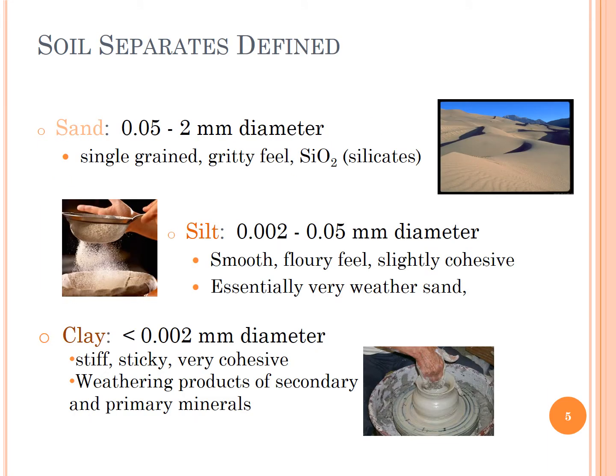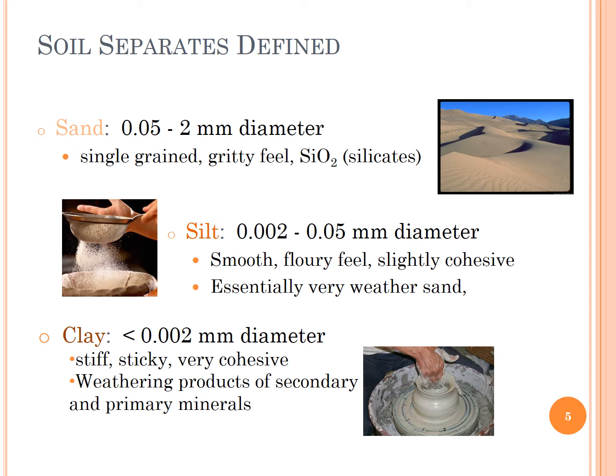As we define soil texture as sand, silt, and clay, sand is the largest of the diameter in particles with 0.05 to 2 millimeter diameter particles. It's single-grained, it has a gritty feel, it's full of silicon dioxide. It's what you walk on when you're at the beach. Silt is about 0.002 to 0.05 millimeters in diameter, so it's the next smallest size.